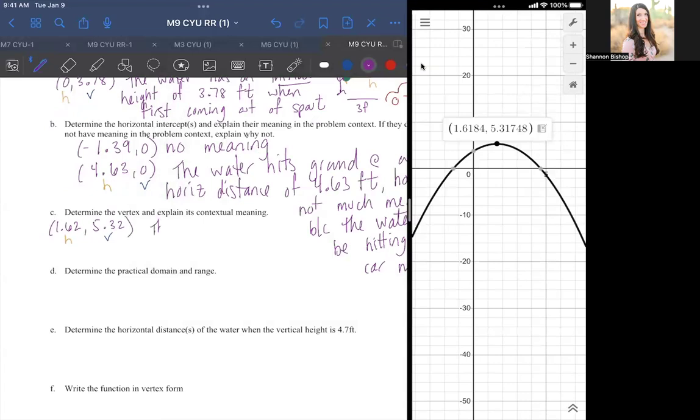So the water path reaches its max height of 5.32 feet at a horizontal distance of 1.62 feet.